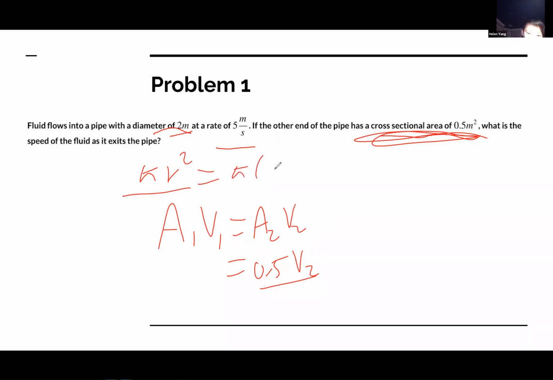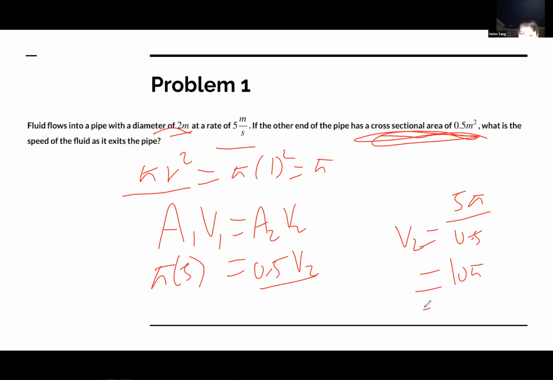It would be pi times 1 squared, which is just pi, so pi times 5 meters per second. So V2 would be equal to 5 pi divided by 0.5, which is 10 pi, which is 31.4 meters per second. And you guys understand this one?